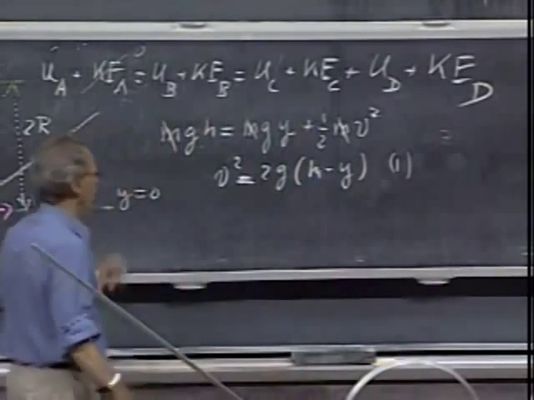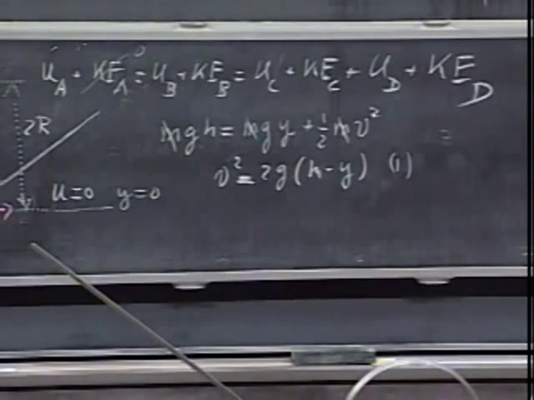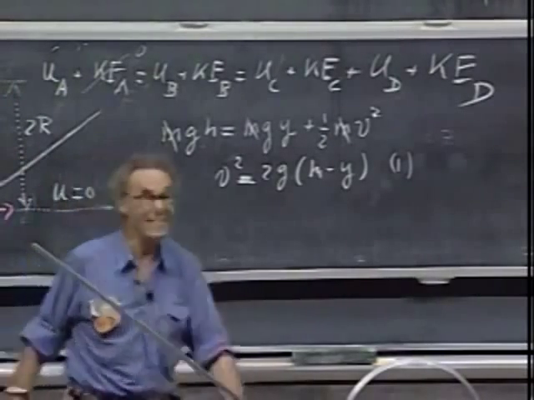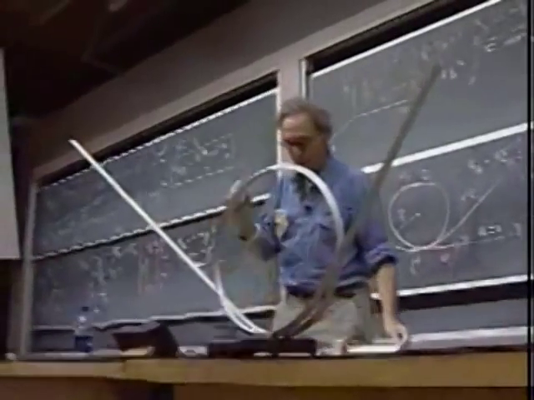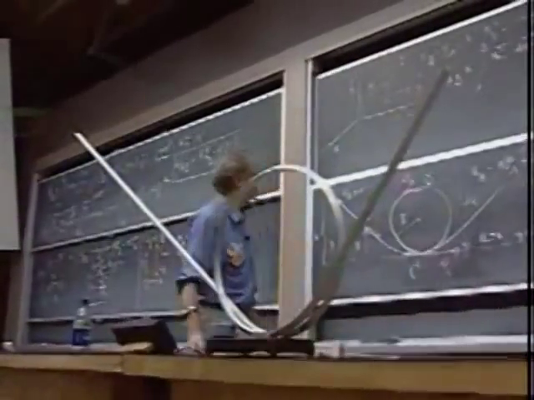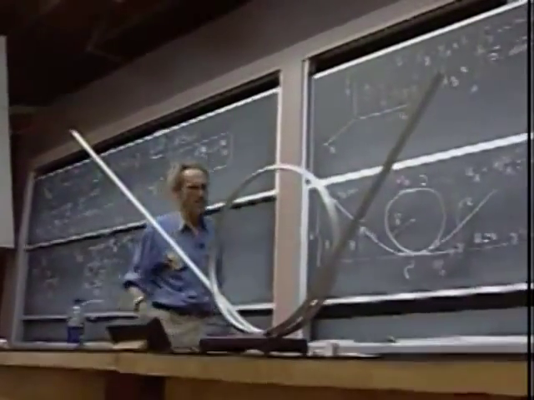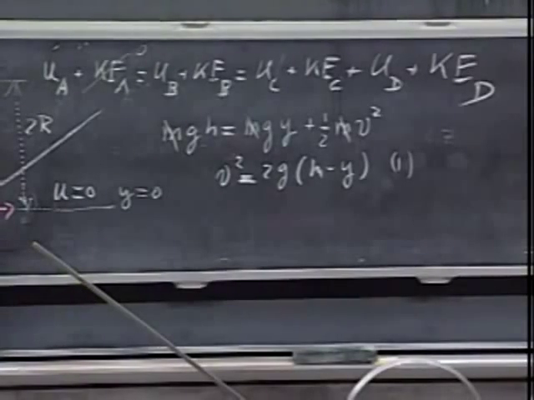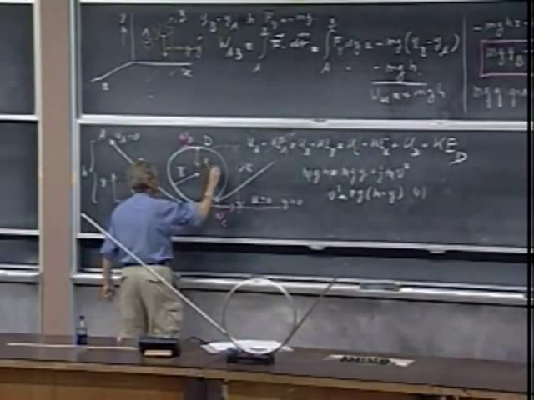So this should hold for all these points. Therefore, it should also hold for point D. However, at point D, there is something very important. There is a requirement that there is a centripetal acceleration, which is in this direction, a centripetal.